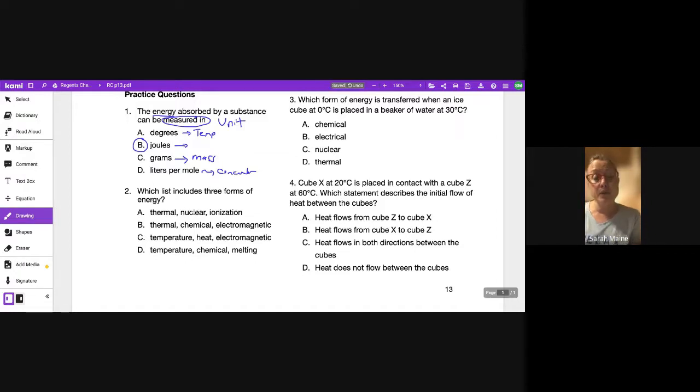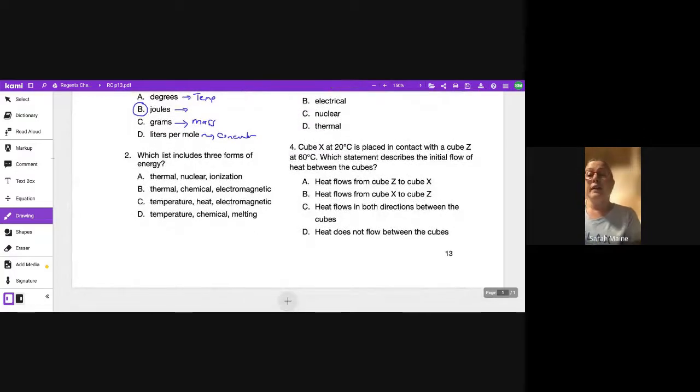Now question 2, pretty common question. Every response here has a list of answers in it. And it says which list includes 3 forms of energy. So in reality, we recognize that there are a total of 8 forms around us.